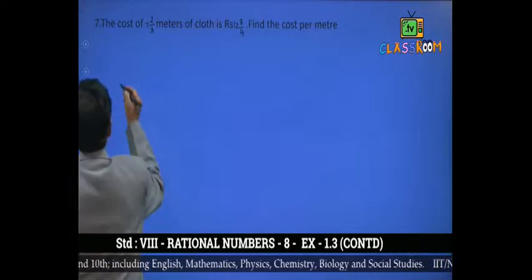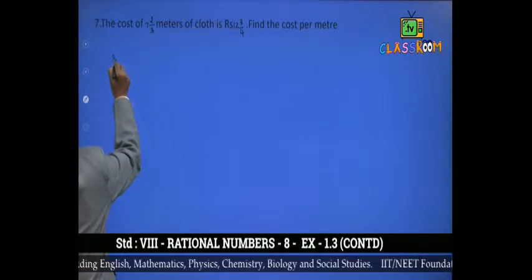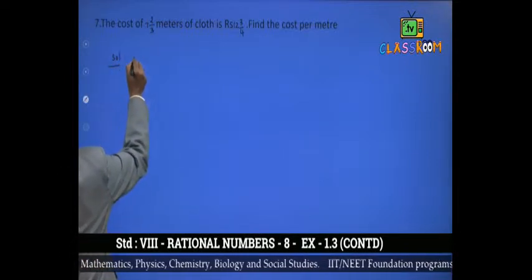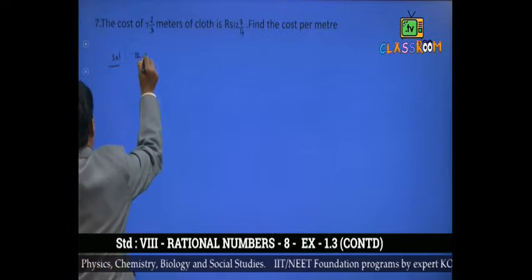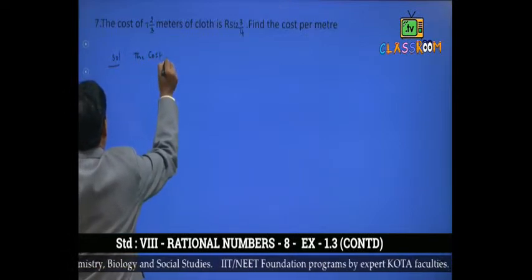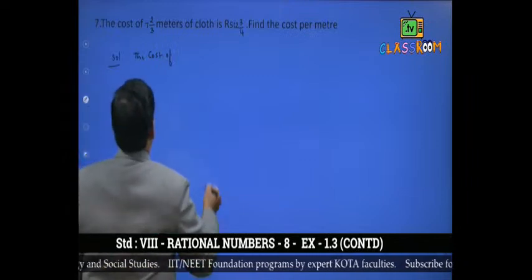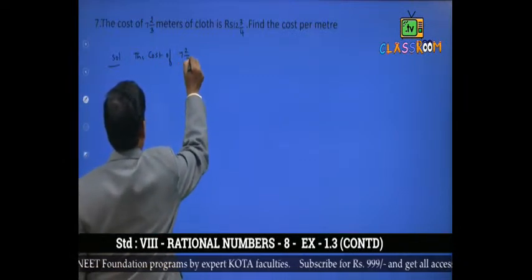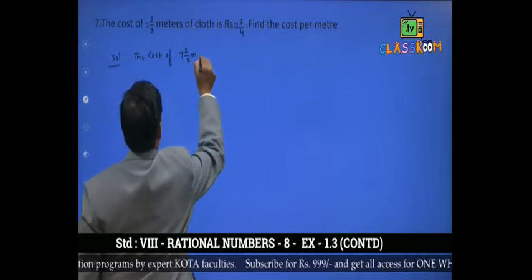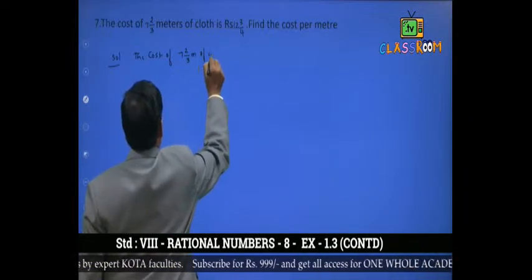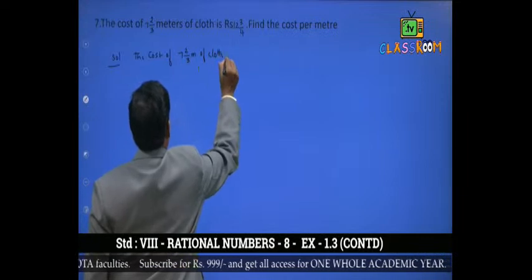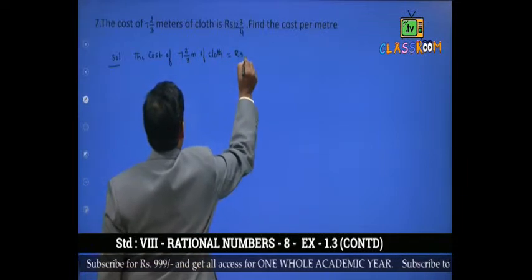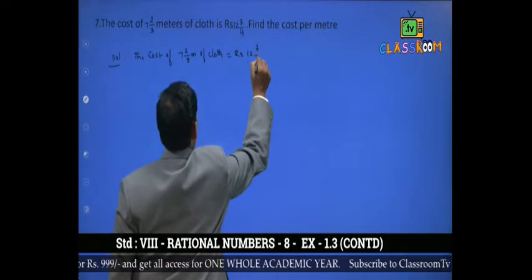So now what he has given, the cost of 7 2 by 3 meters of cloth is equal to rupees 12 3 by 4.